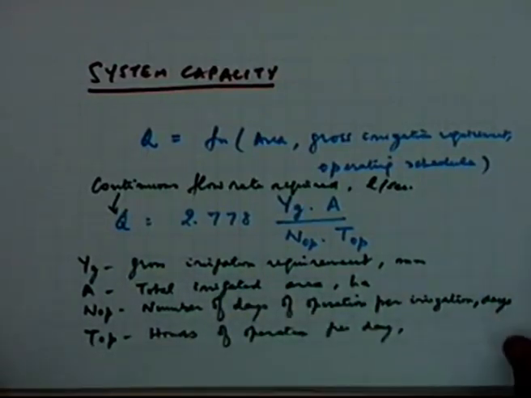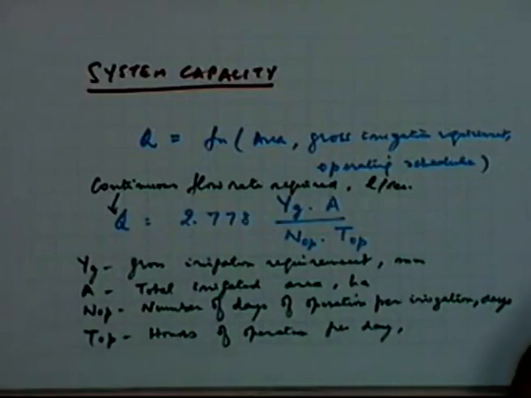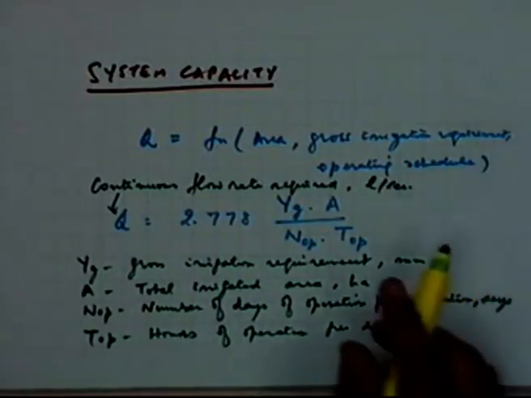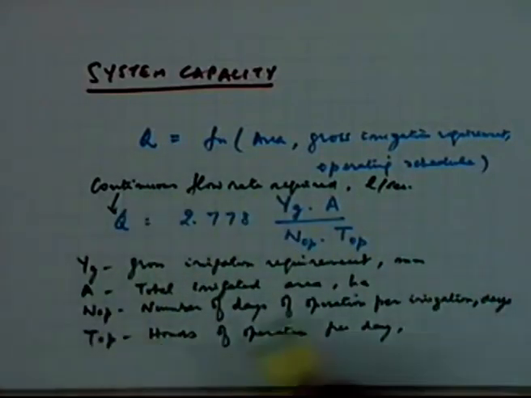Now, knowing this, you can find out the total Q requirement, which depends on the setting, as these quantities are for one single setting. That is how you use the flexibility. You can divide your total area, which might be much more, into different settings, and then look at the total irrigation period available.